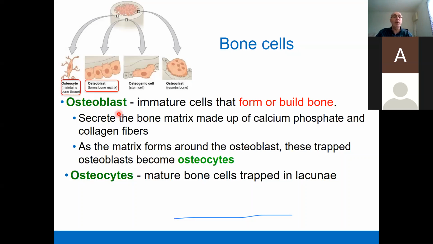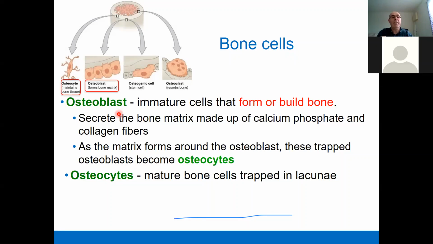Once the bone matrix is built, it surrounds these osteoblasts, and they become mature cells which we call osteocytes. Osteocytes are the mature form of the osteoblast.